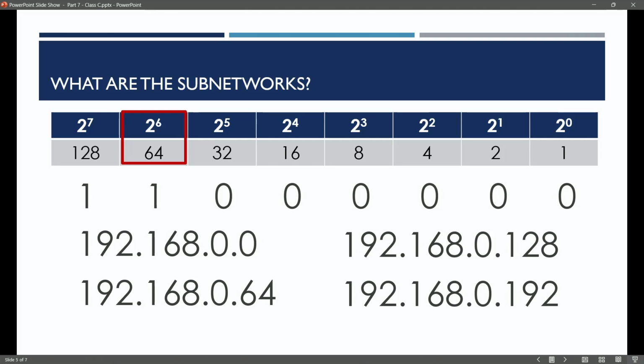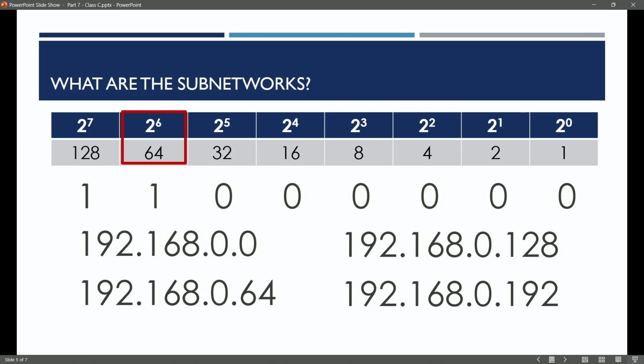So those are the 4 subnetworks. Those addresses are not usable. We can't assign those to host systems, and that's because they identify the network itself. It's all zeros in the host bits. So these are the network identifiers for our 4 networks. We won't be assigning these to host systems.